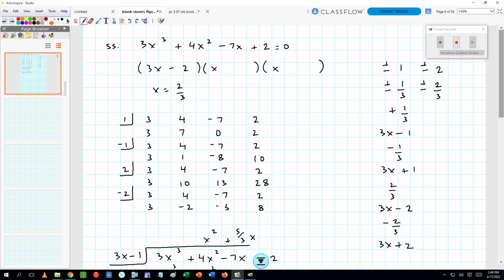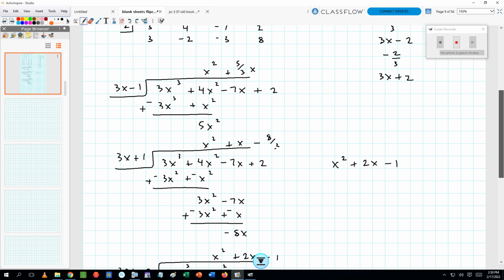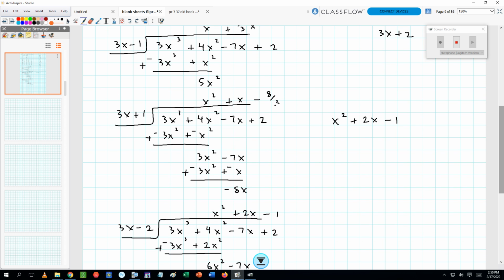So I was hoping for lovely binomials. This last thing is going to be that x squared plus 2x minus 1. If that was a plus 1, we could factor that. Okay, I'm going to do the quadratic formula. X is equal to negative b plus or minus the square root of b squared minus 4 times a times c, over 2a. Negative 2 plus or minus.